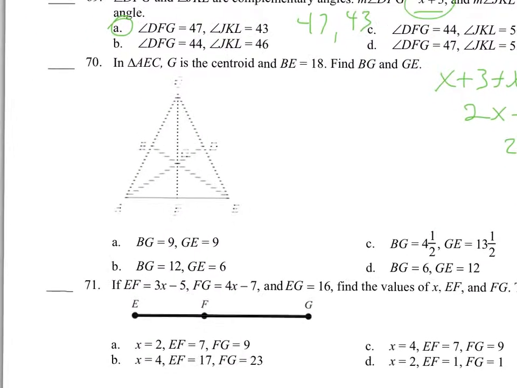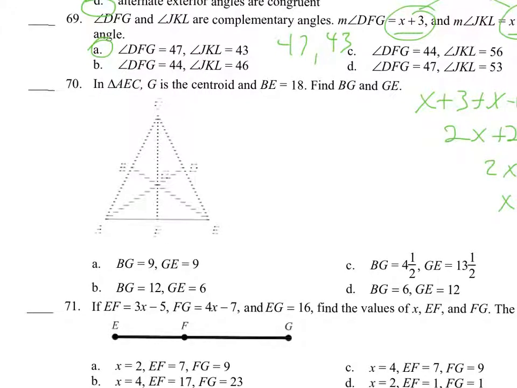Okay, the centroid. You'll remember this one, and I'll redraw this triangle for you. You remember that when we have the centroid, it's formed by the intersection of the three segments, and you'll remember here we have B, E, and that segment is 18.